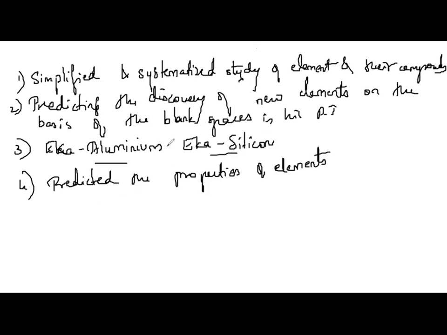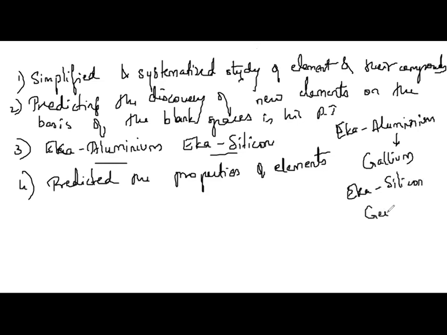For example, Eka aluminium and Eka silicon were later given names. When Eka aluminium was discovered, it was named gallium. Eka silicon, when it was discovered, was called germanium. I just showed you in his periodic table.